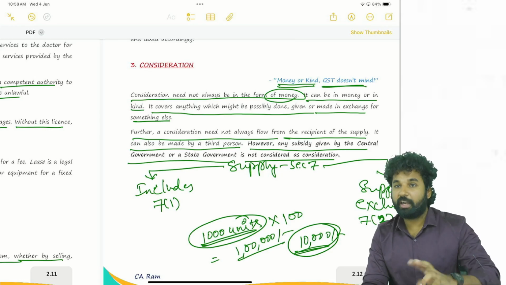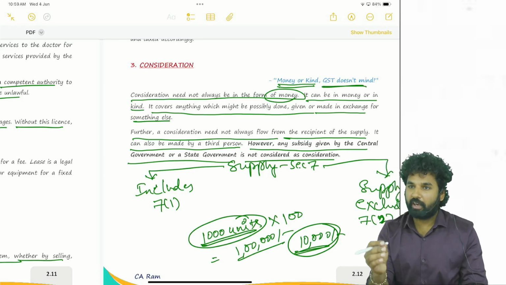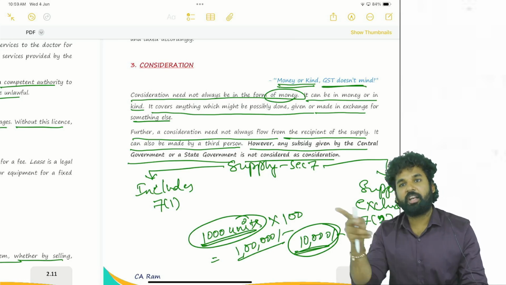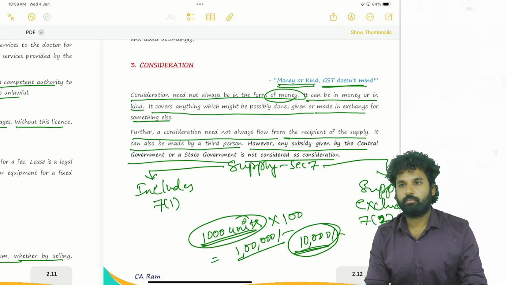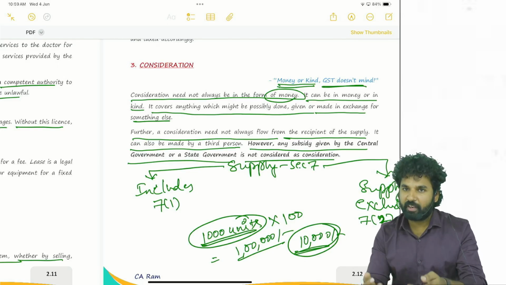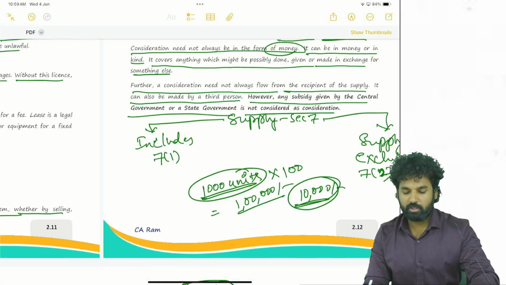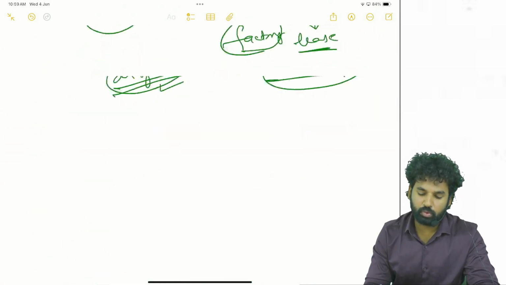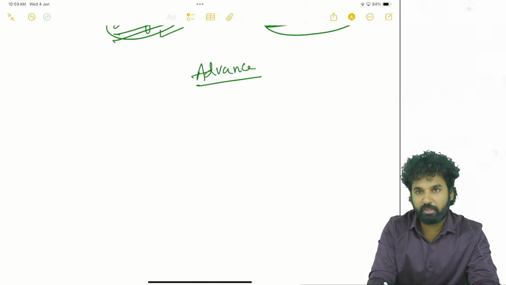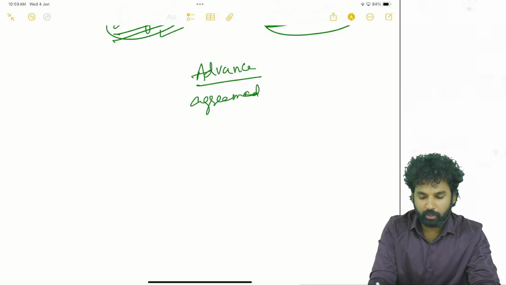So even though advance is received, it comes under supply. If advance is received, whether GST will come on that advance or not, we will see later. That may be advance with respect to goods, that may be advance with respect to services. If it is a case of advance with respect to goods, advance received means agreed to be made for consideration.